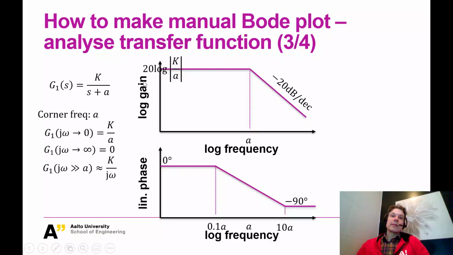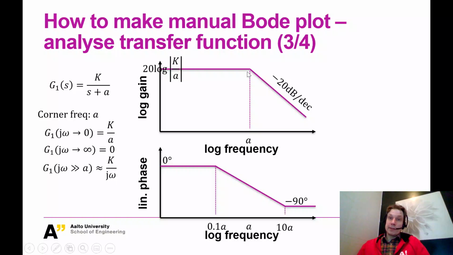And now in logarithmic scales, what will happen is that the gain starts to decrease, and the rate of decrease depends on the order of the polynomial, which is 1 in this case. So it will decrease -20 dB per decade, and it will stay constant from 0 to that corner frequency.